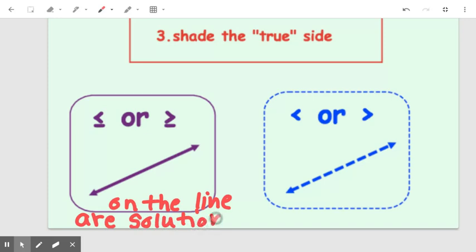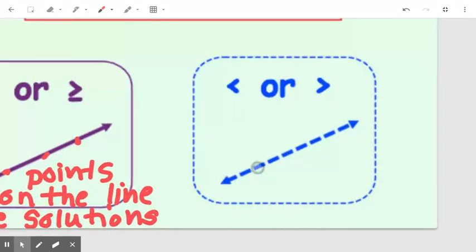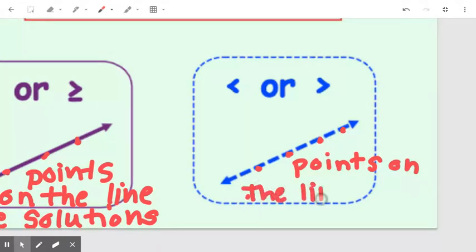So if I had points on here, they are solutions. If I come over to this one and I pick points on the line, I would say points on the line are not solutions. So that's really important to remember.